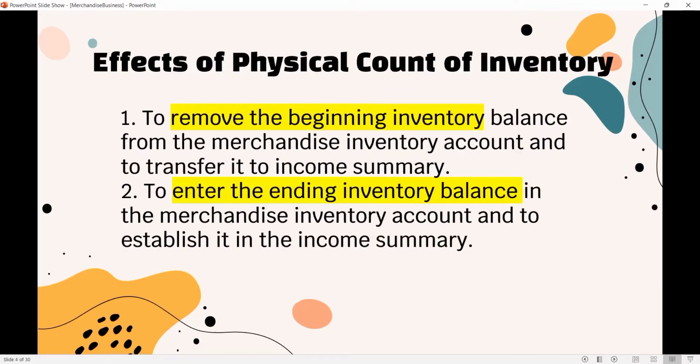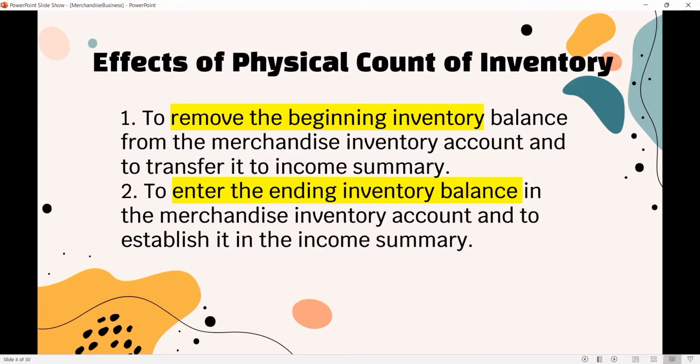Ano ang effects ng ating physical count of inventory? Number one, to remove the beginning inventory. Bakit natin i-remove ang ating beginning inventory? Kasi yung nakuha nating beginning inventory, hindi na yun current. Next year, mapapalitan na yung beginning inventory natin.